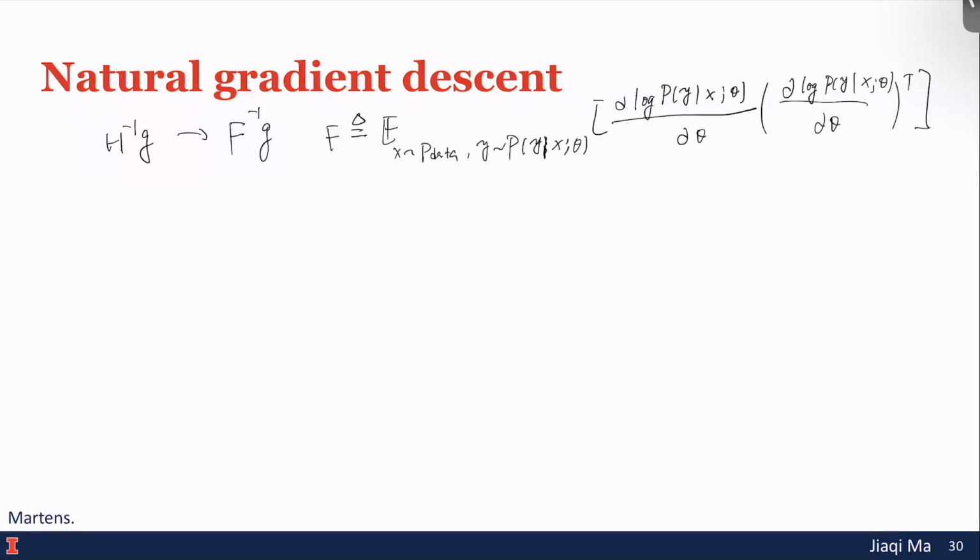It can also be written in an empirical version, treating this as the empirical distribution, which equals 1 over n, summation over all the data points, taking the expectation just over the label, where the label is sampled from the model, of partial log p partial theta times partial log p partial theta transpose.